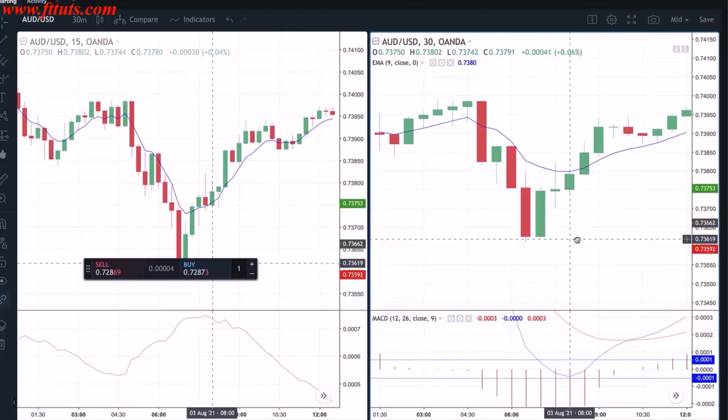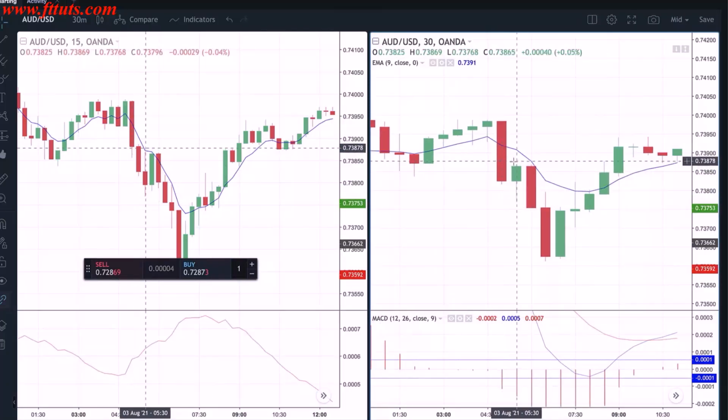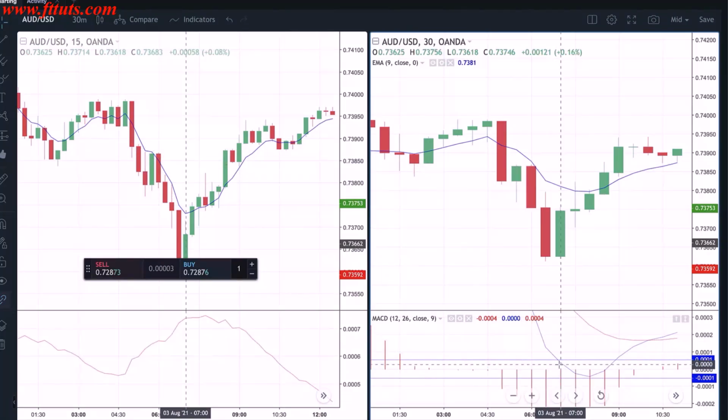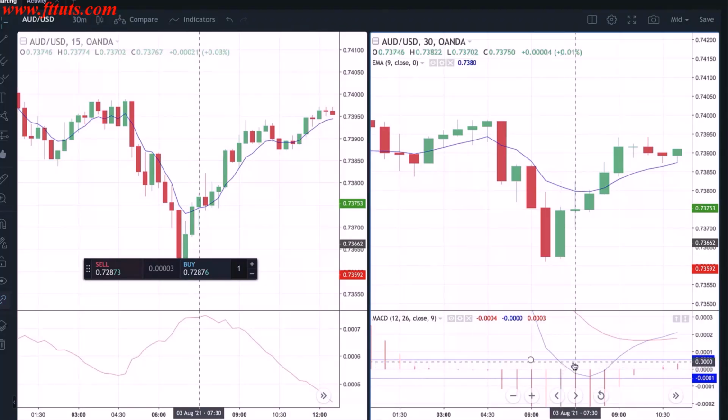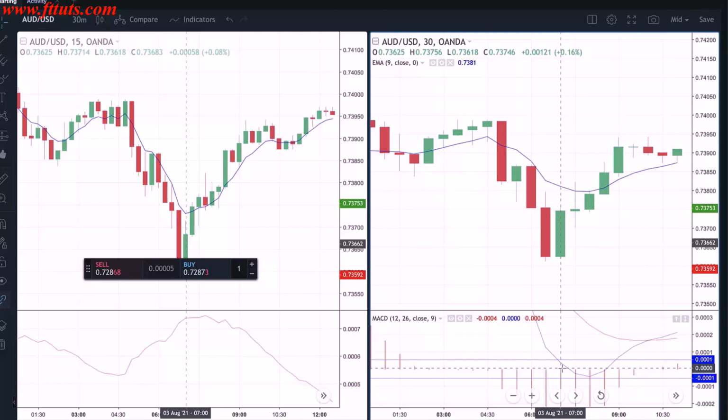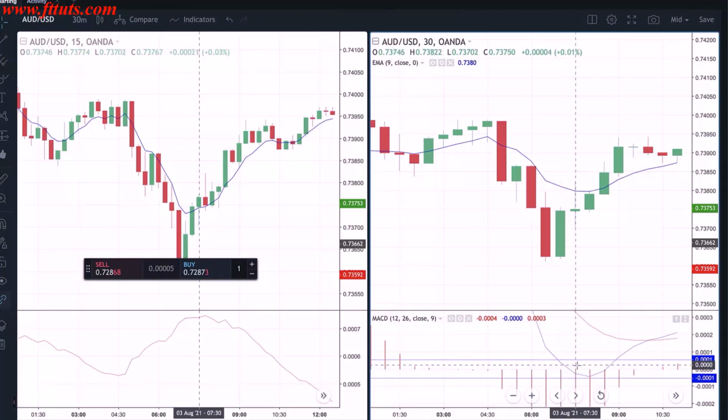So same thing. Start at 5:30. Start with the session open. Looks like there was a divergence between the histogram and MA lines on the MACD. But we got our first closed MA line inside no man's land at 7. So that means from 7:30 onwards, you can look for a sell trade.